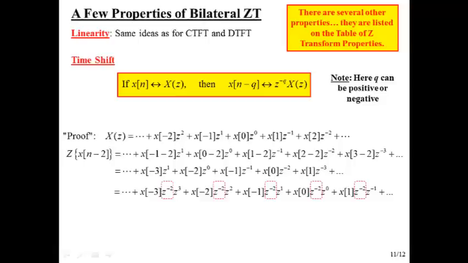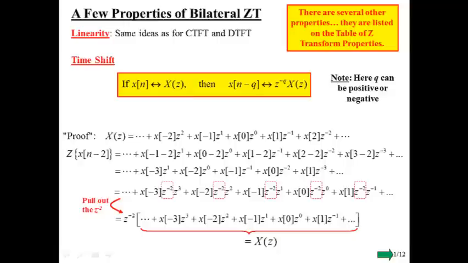Now what I'm doing here is factoring a z to the minus 2 out of every term. So this term here gets broken into z to the minus 2 times z squared, and so on and so on. So now I've got a z to the minus 2 on every term there. And in the next line, we're going to pull that z to the minus 2 all the way out.